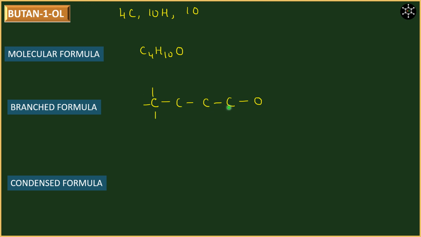For the remaining carbons, we have written 2 bonds, so there must be 2 more on each. Oxygen valency is 2. We have just written one bond, so there must be one more bond on it. All these bonds are connected to hydrogen atoms, 1, 2, 3, 4, 5, 6, 7, 8, 9, and 10. This is the branched formula for butan-1-ol.